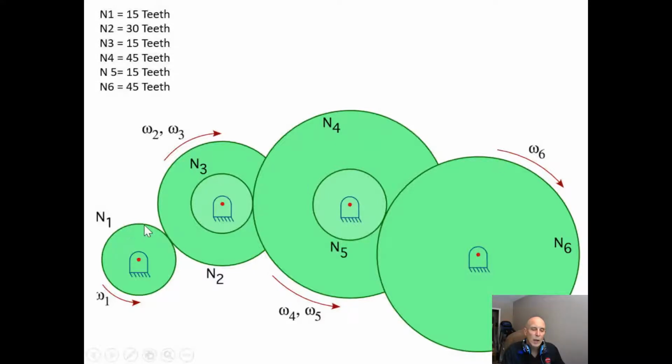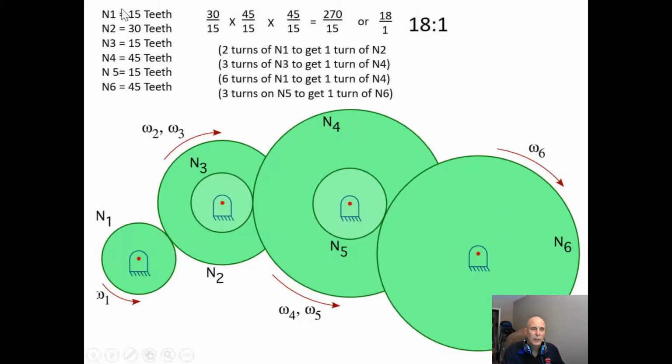So we're going to go output over input, output over input. Calculating all of these through, what are we going to get?